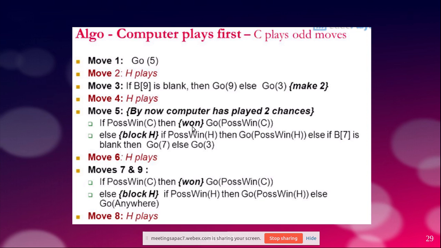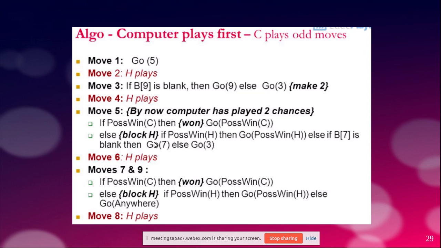Therefore, first look for whether computer can win. Computer is playing with X, so check if any of the 8 products is 18. If yes, select that particular row, column, or diagonal, place X in the blank cell and declare yourself winner.